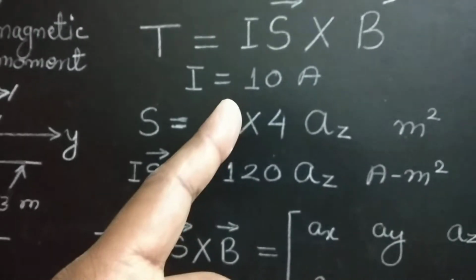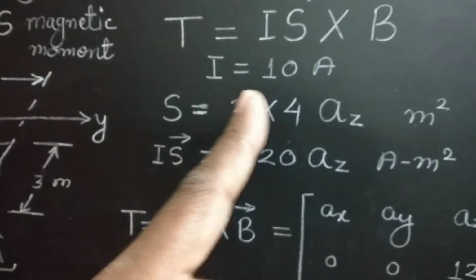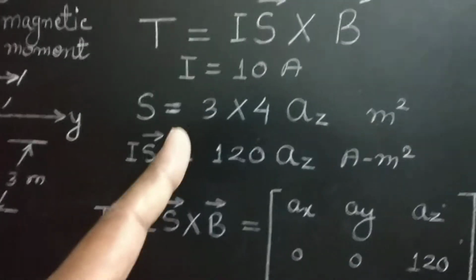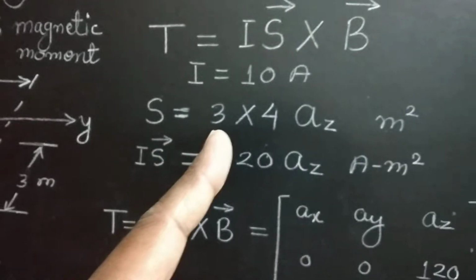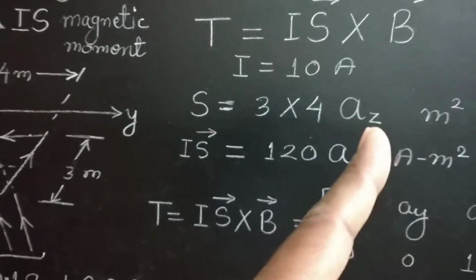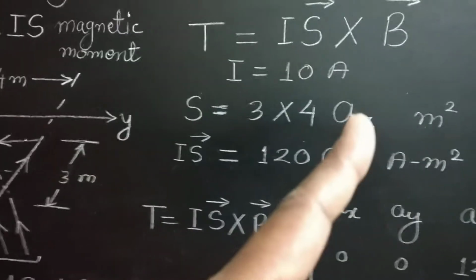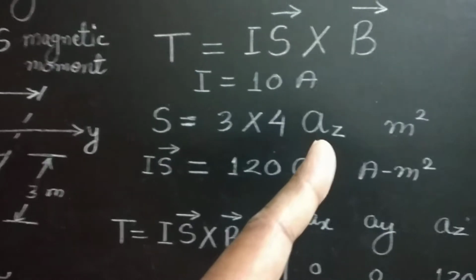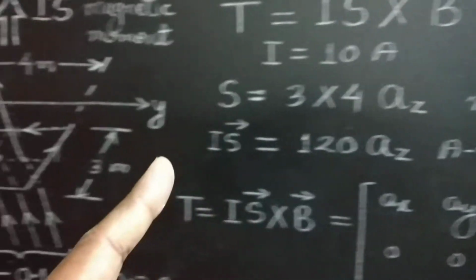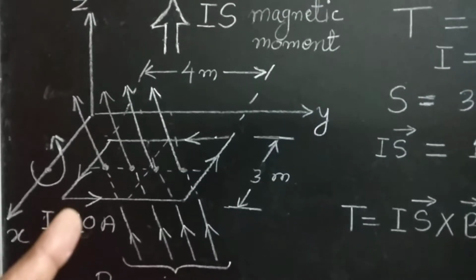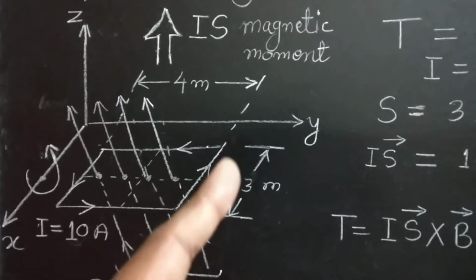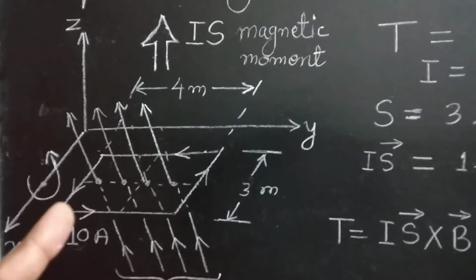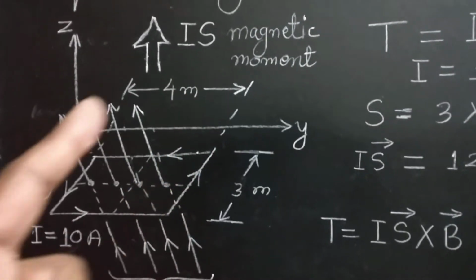Now here, as we have taken in this example, current is 10 ampere. The surface area will be 3 into 4 meter, and the very important thing is the inclusion of the vector AZ. This surface is in the XY plane and current is flowing as shown in the diagram.